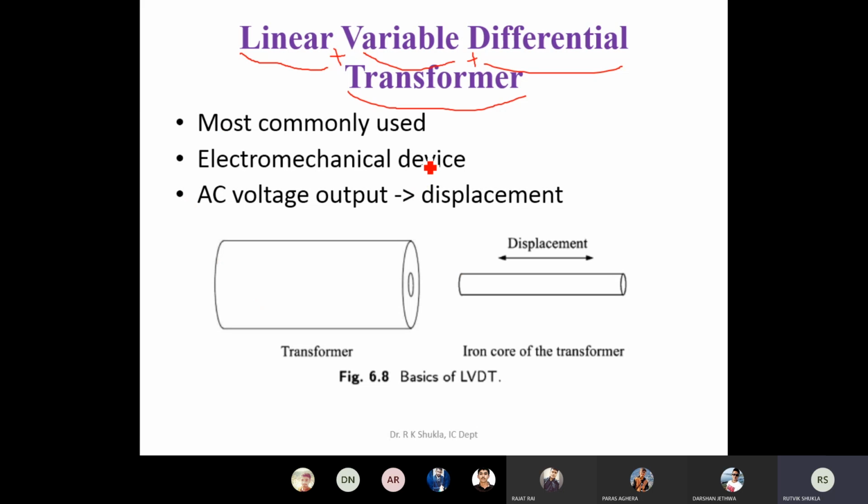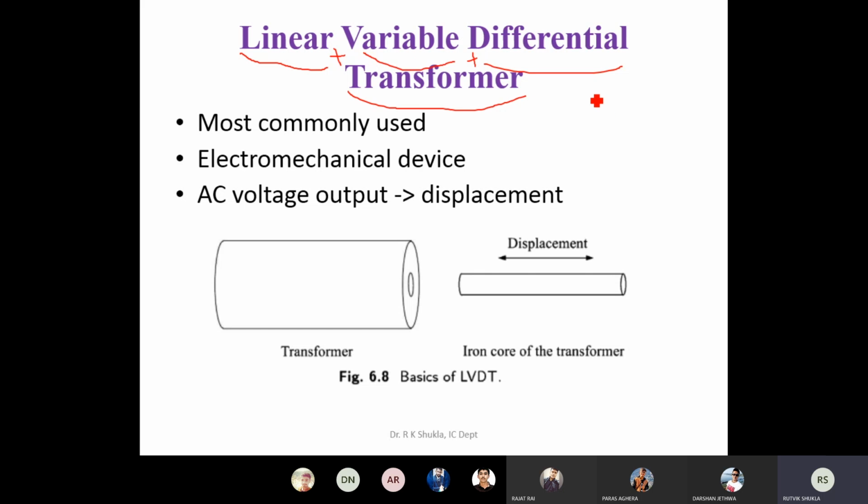So linear, as one of you has rightly mentioned, it is suitable for linear motion or translational motion. Variable is generally the way in which it varies the coupling between the primary and secondary.